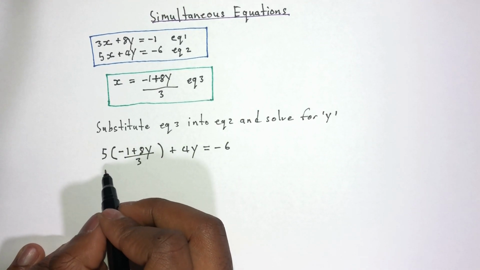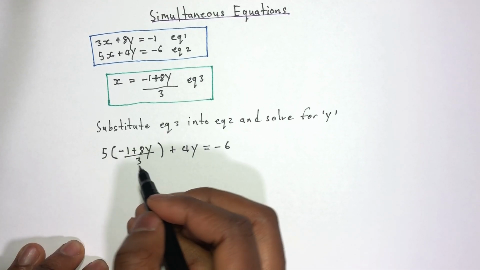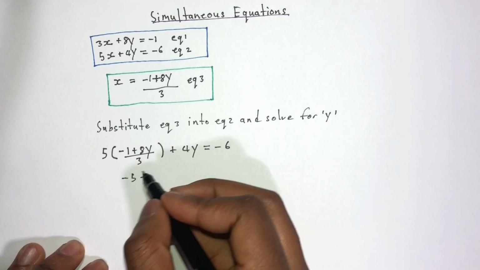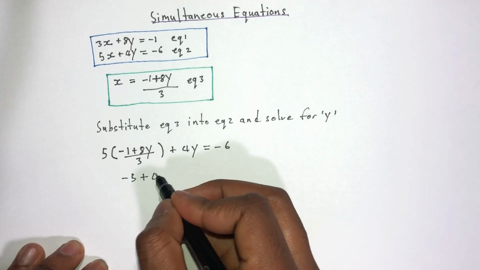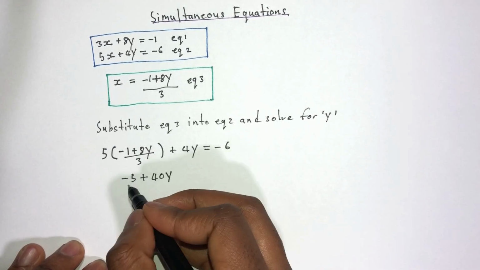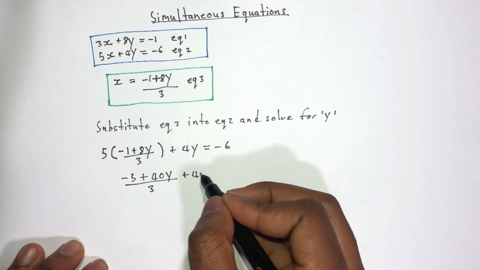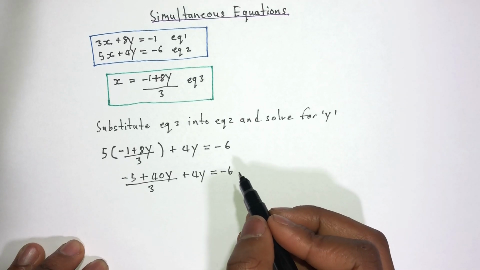Now we're simplifying our equation. 5 times -1 gives us -5 plus 5 times 8y gives us 40y, and this is all over 3 plus 4y equals -6.